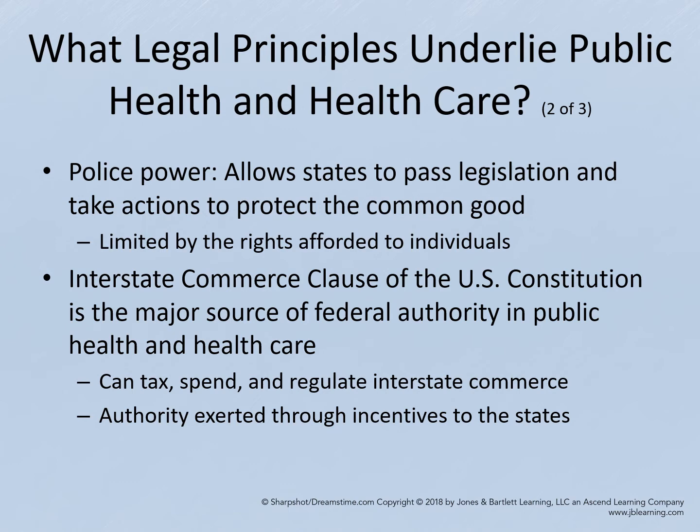So it was okay for the state to act, and states had authority over individual rights, because in order to protect society from the spread of infection, everybody needed to have an immunization.